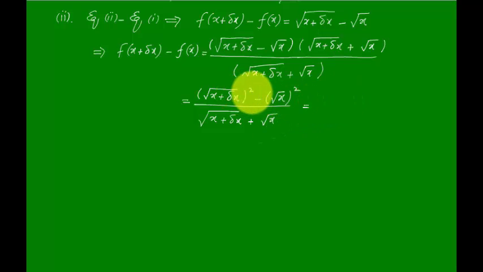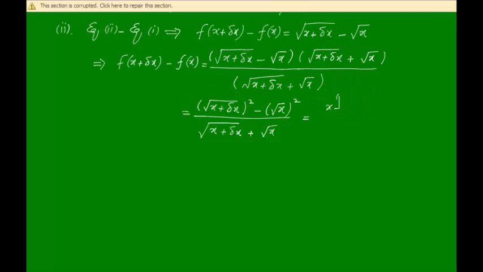This square root will be cancelled by this square, so we get x plus delta x minus x, divided by square root of x plus delta x plus square root of x.